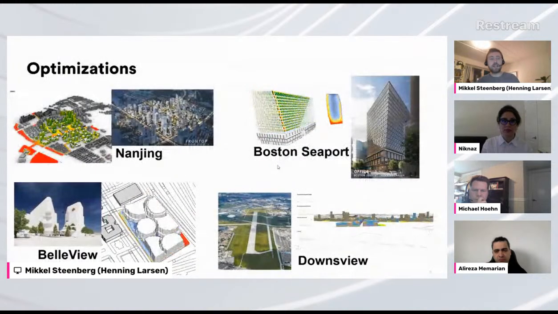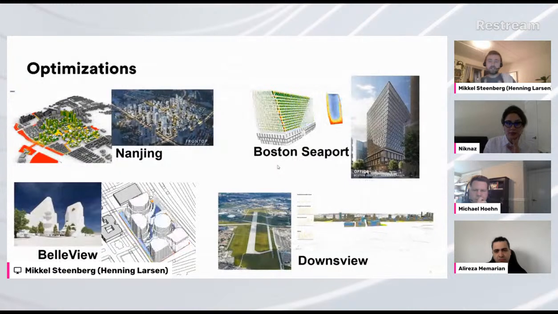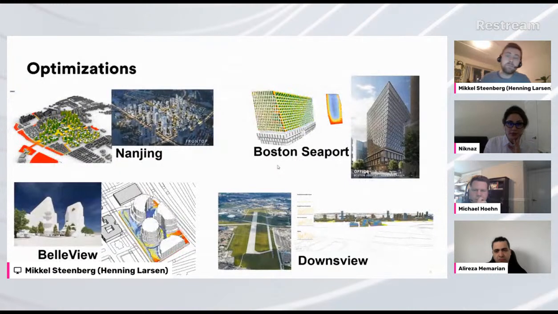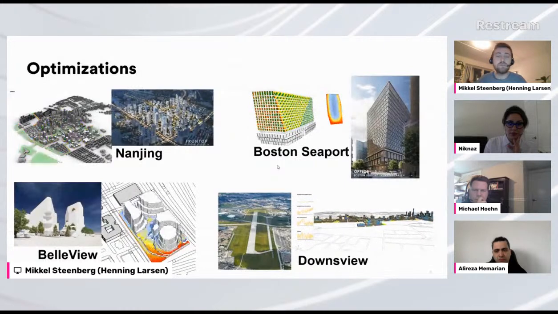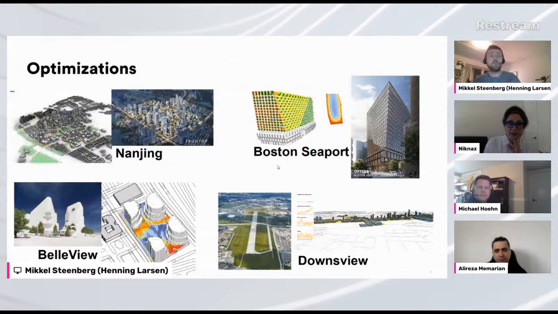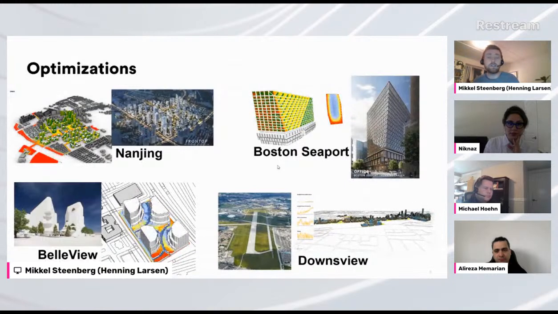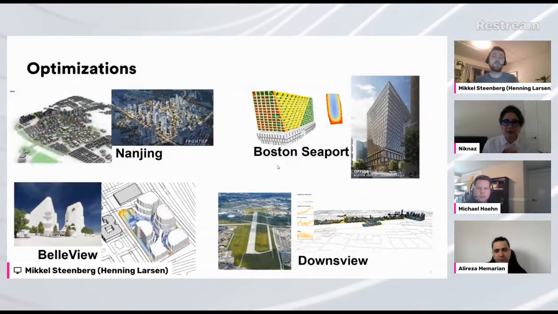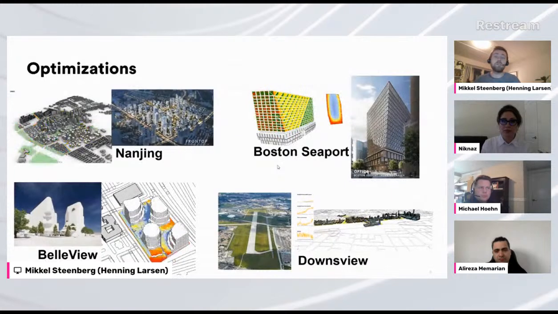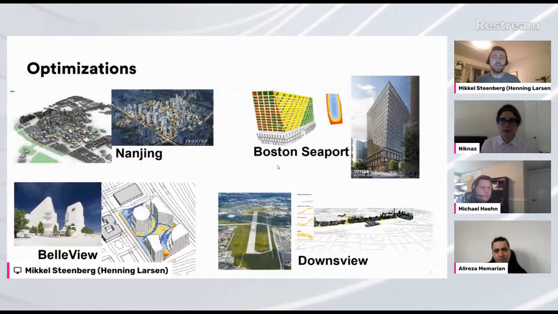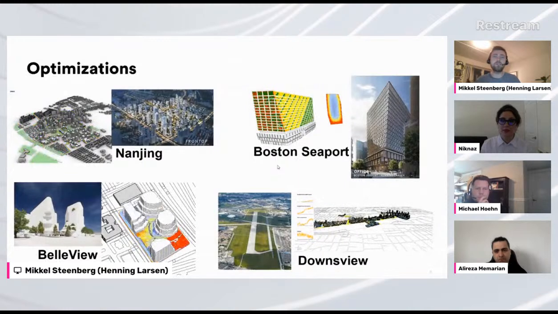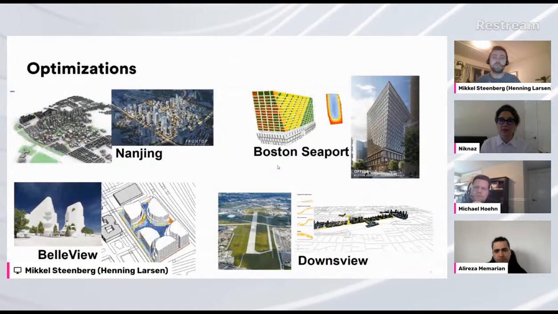So we've used this at a lot of different scales, and this is just some of them. We've had everything from very large master plans all the way down to facade optimization. The very big difference between some of these is, for example, in our master plans, we're never really trying to optimize on a certain thing, because there are so many different parameters, so many different values.